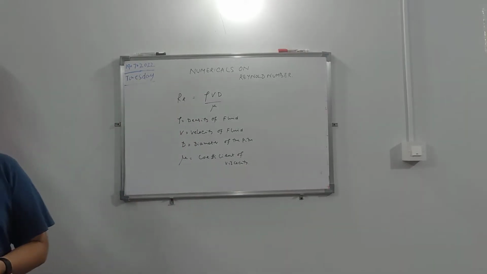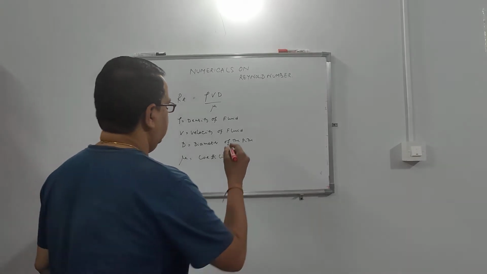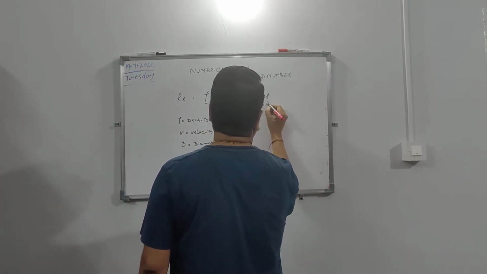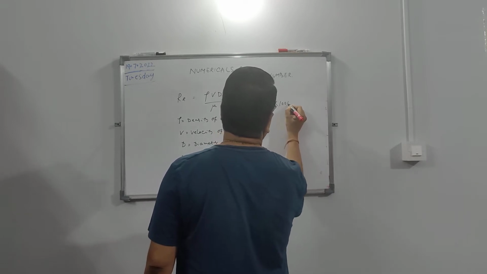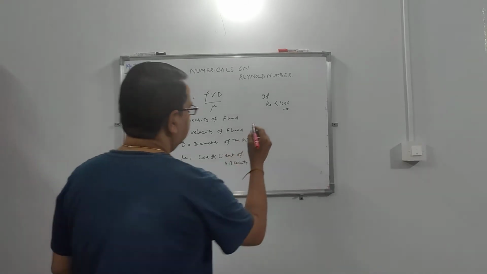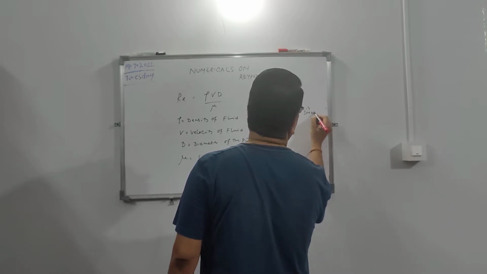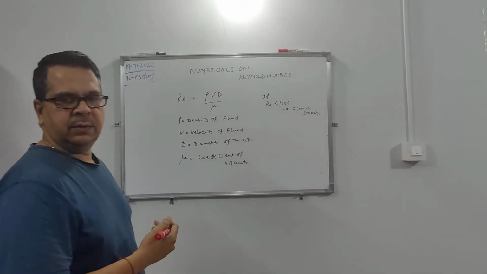There is a thumb rule: if the Reynolds number is in this range, then the flow is laminar, and in that range it is turbulent. If Re is less than 1000, the flow is steady, also called laminar.